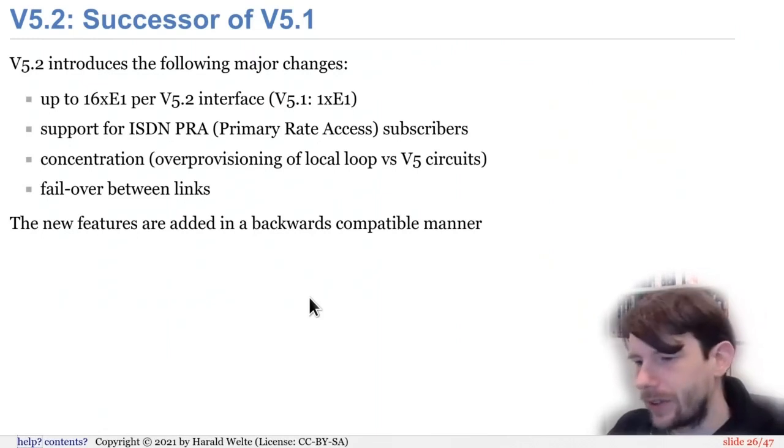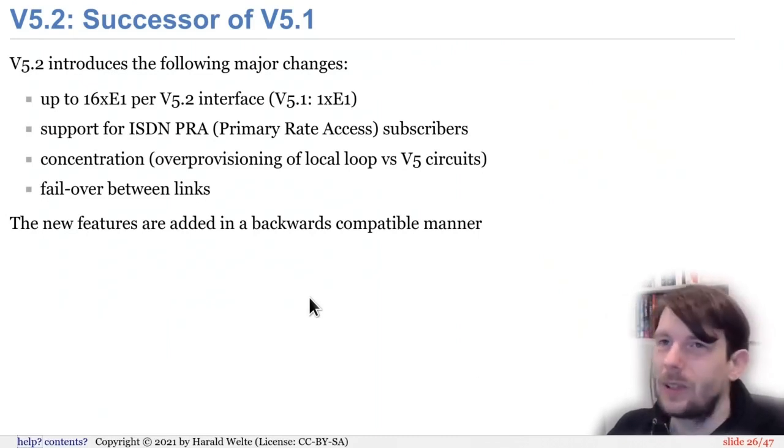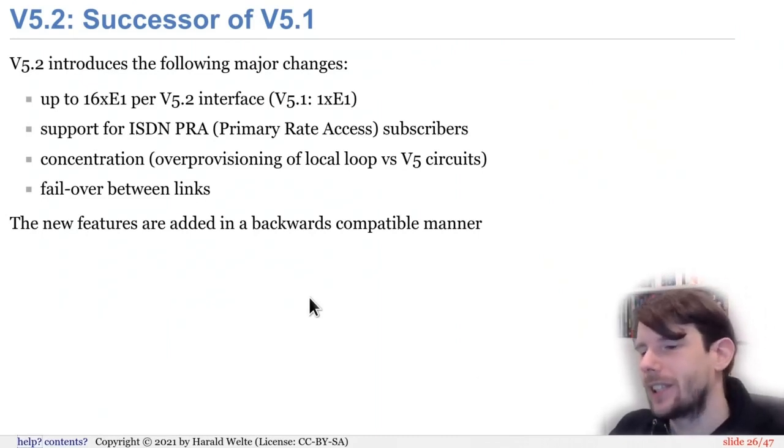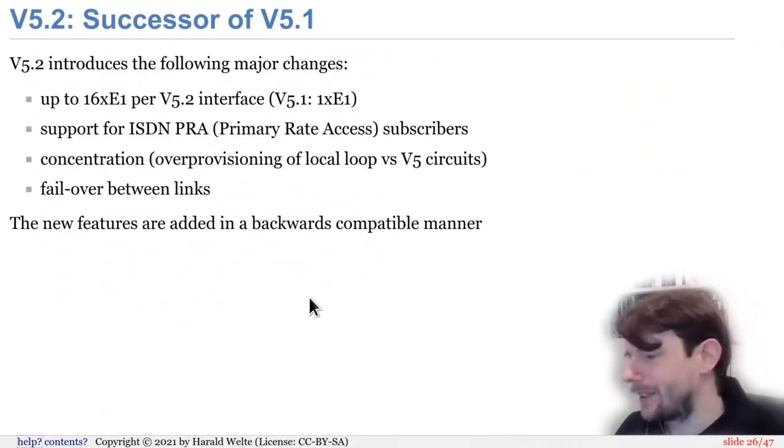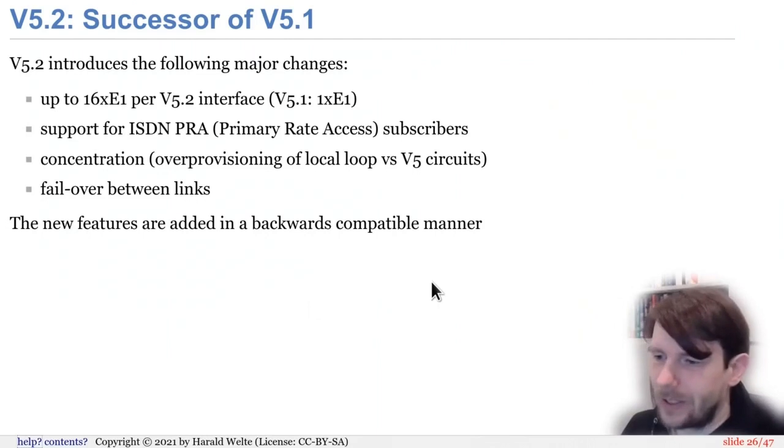So there is no concentration in terms of capacity, which is, of course, unlike any normal telephony network, where you always have over-provisioning and concentration. It's never the case that all of the subscribers can talk at the same time. There's always some blocking at some point.